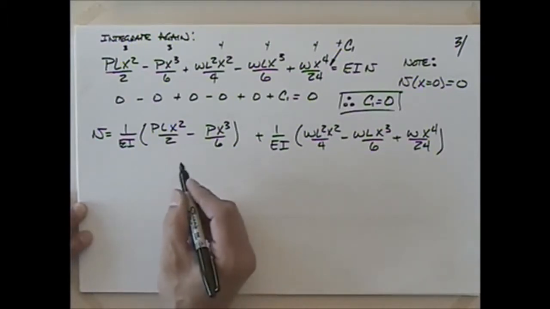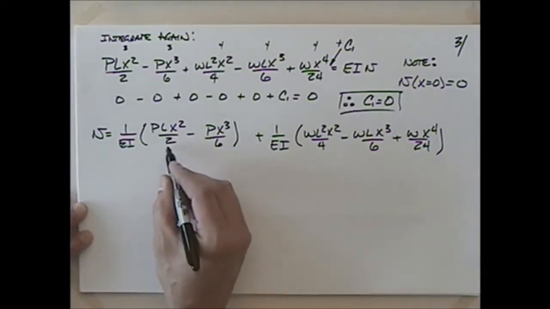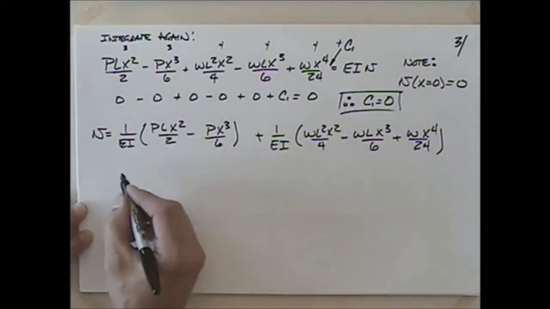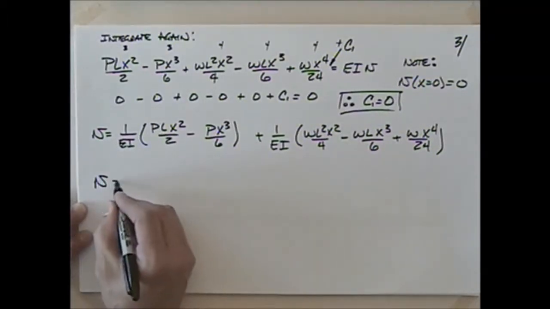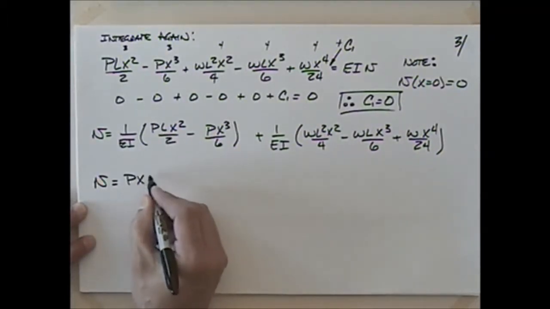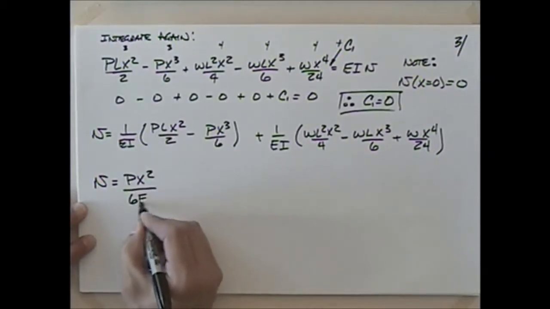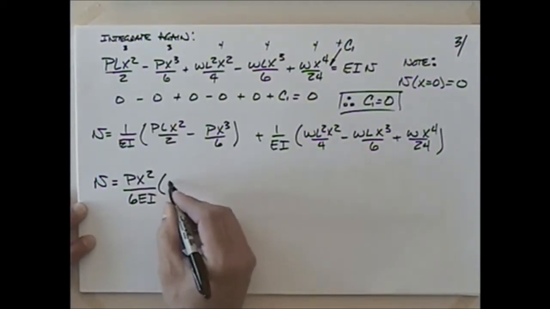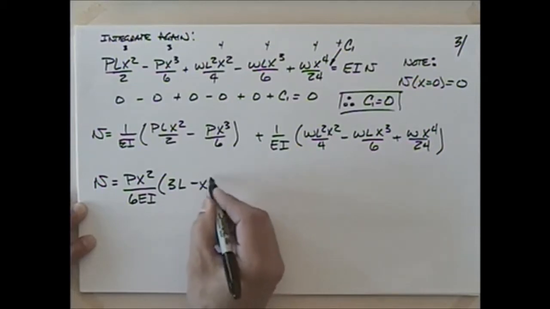Now maybe I'll factor some out of here. We could say that this, let's see, if that was 6, that would be a 3. So we could say that the deflection V is Px squared divided by 6EI. What we have remaining is going to be a 3L minus x.